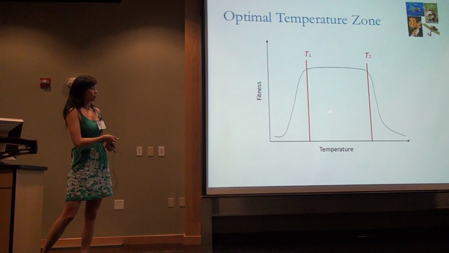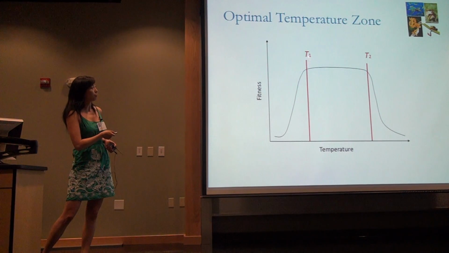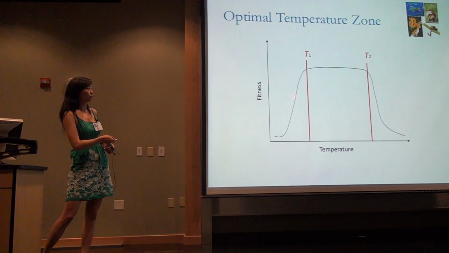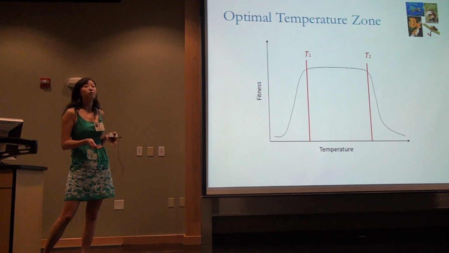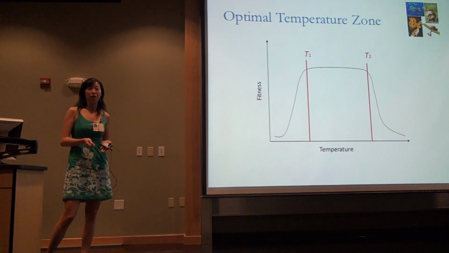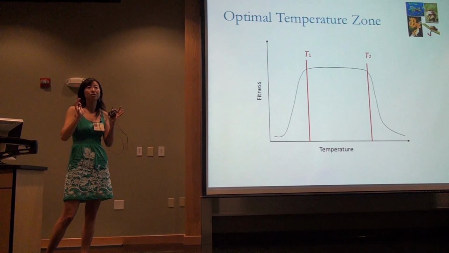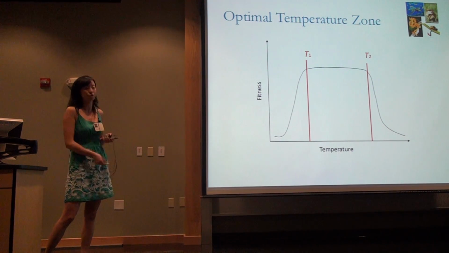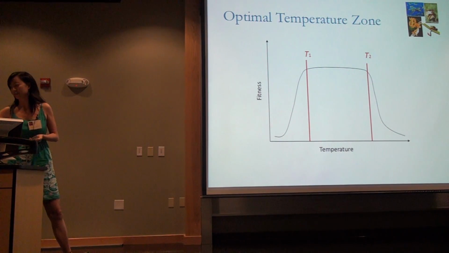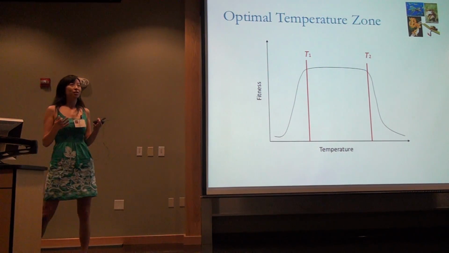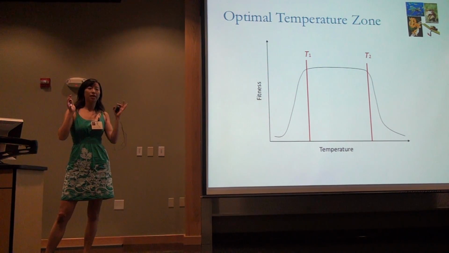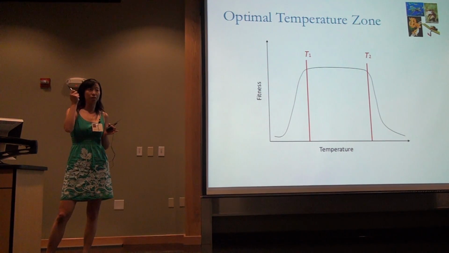When we talk about temperature, we only study the optimal temperature zone, which means between those two temperatures the fitness of the organism won't change too much. Outside those two temperatures, the fitness changes so much that they have a different impact, and we don't consider that situation. So what happened is, when the temperature goes high, all the biochemical reactions go up, the rate goes up.